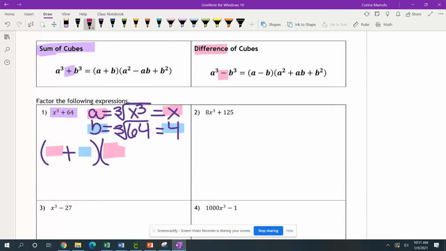So whatever a is, we're going to have to square it. And then it's going to be minus a times b. So a times b. And then it's going to be plus this plus right here. That's where I'm getting the signs from. It'll be plus, and then whatever b is, squared.